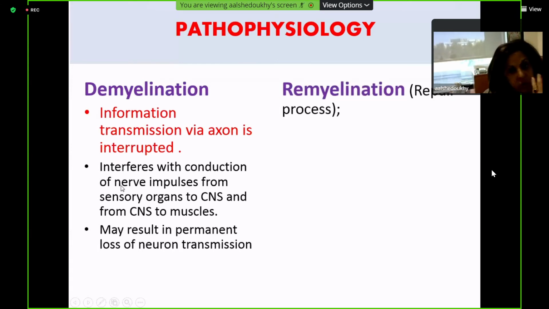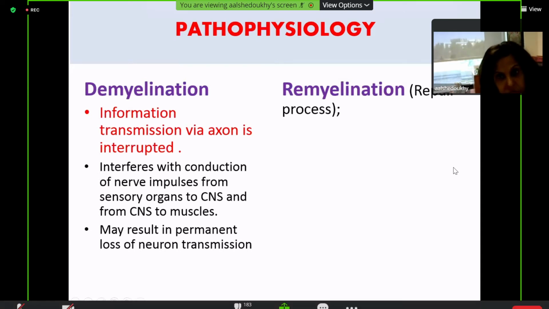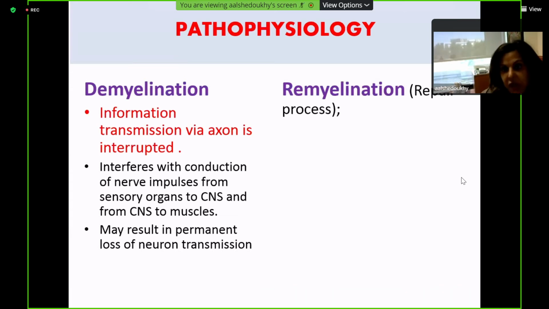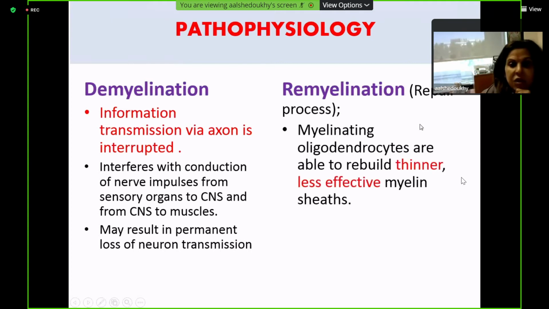Now, the body will try to remyelinate, or when you give immune suppressive therapy, targeted therapy and immune modulator therapy, now there's so much research and so many new therapies developed for this disease. Even so, there is remyelination, there will be a repair process. So the oligodendrocytes will try to build a myelin sheath.